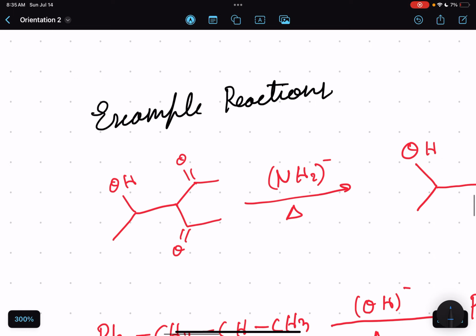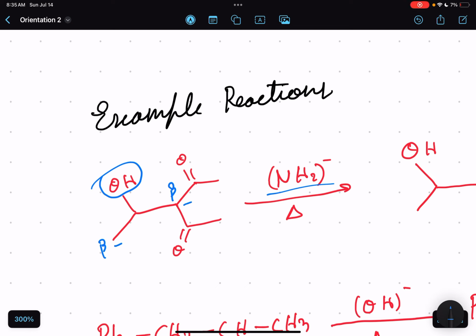So if we move on to example reactions, as you can see here, OH is the bad leaving group and NH2 is our base. As you can see, this is a beta carbon atom and this is a beta carbon atom. So a negative charge can form either here or here.